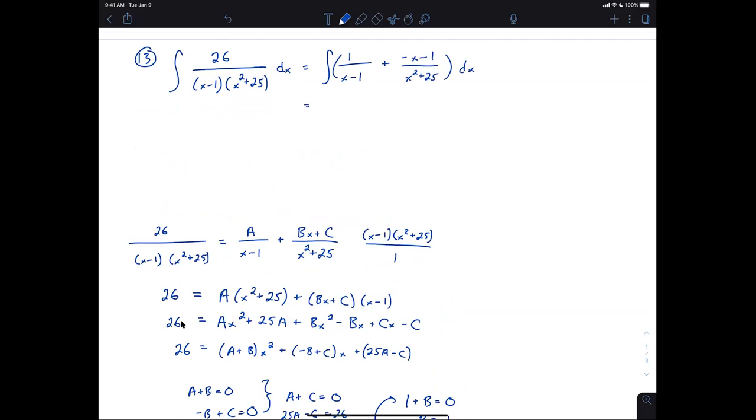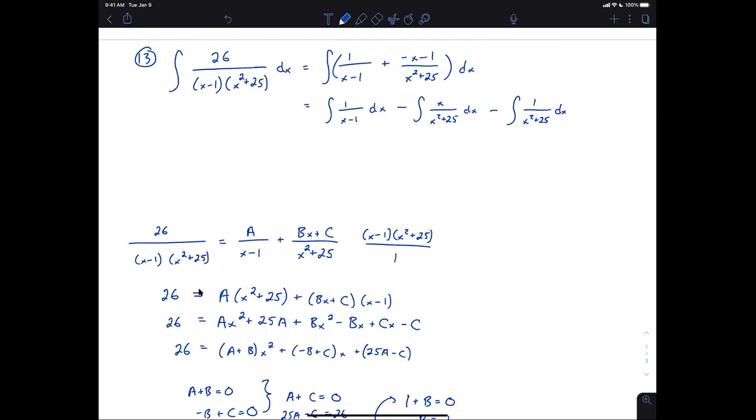And then you want to split this into, in this case, 3 integrals. Is everybody clear to there on how we're getting that? Any questions?